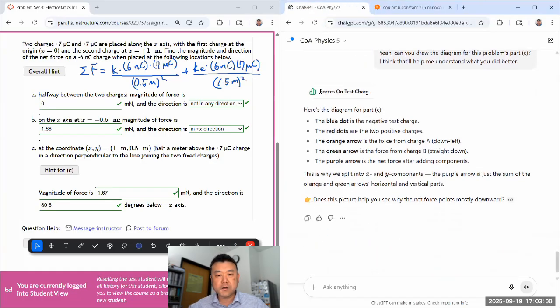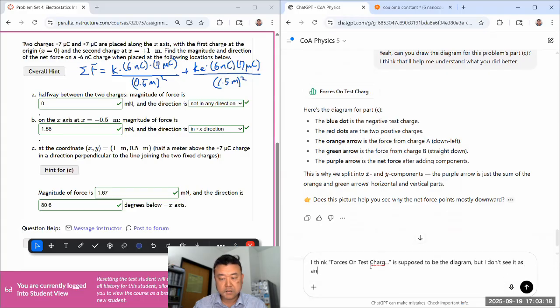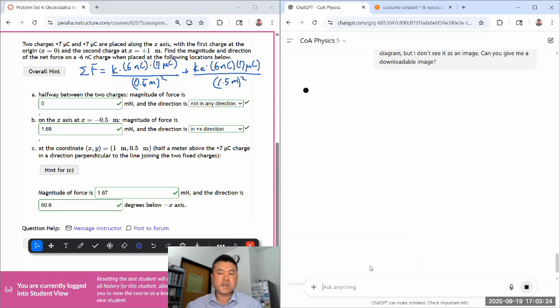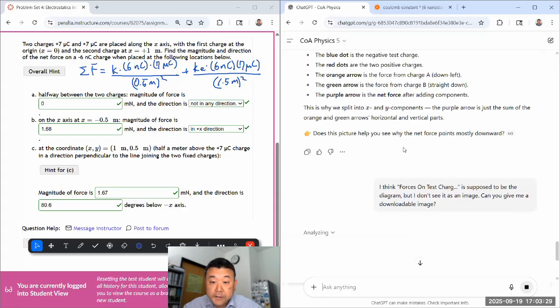I think there's some bug, but you can work around that bug by saying, so I think forces on test charge is supposed to be the diagram, but I don't see it as an image. Can you give me a downloadable image? And it'll give me a link that I can click, download, and open.